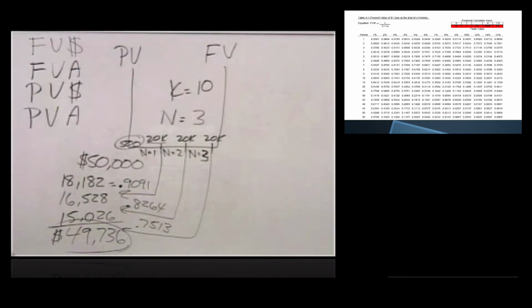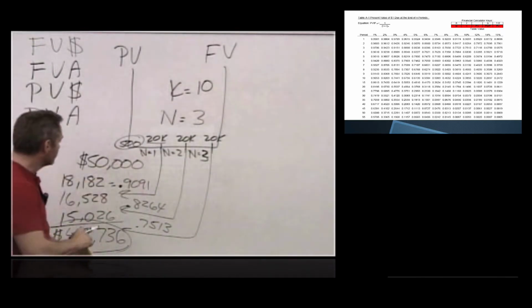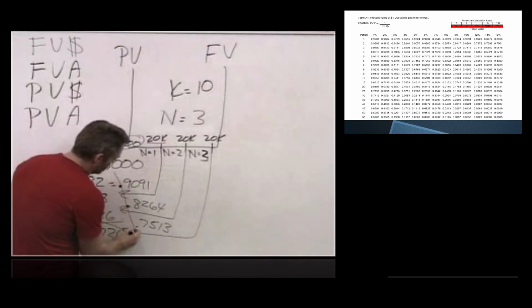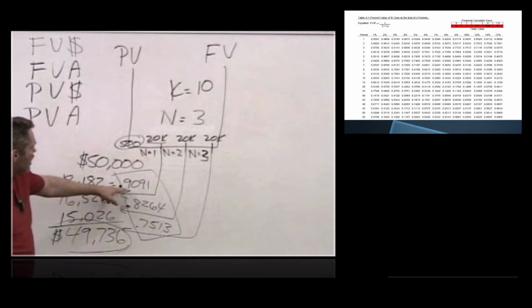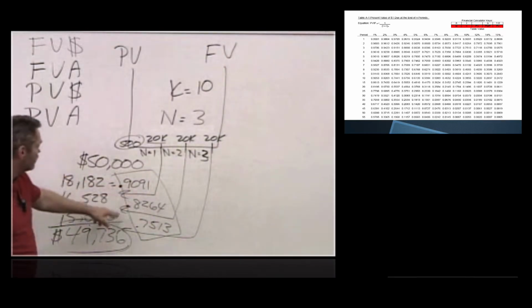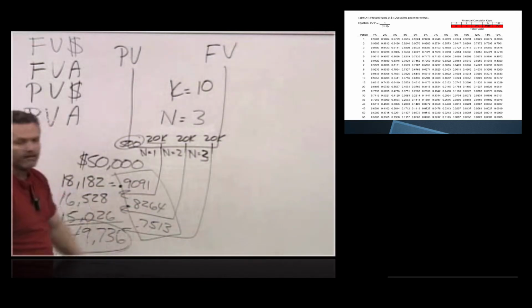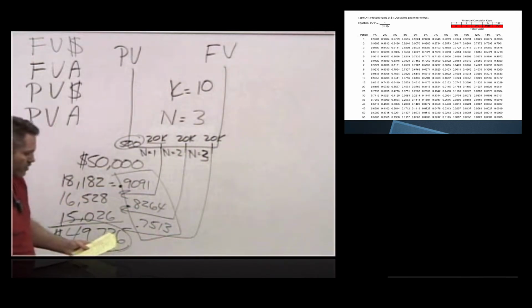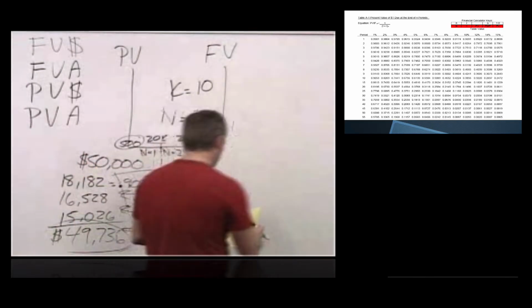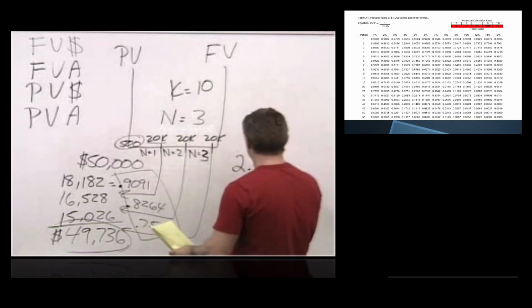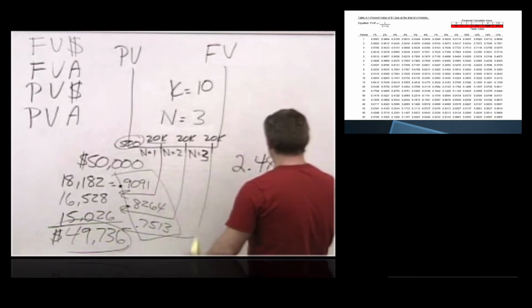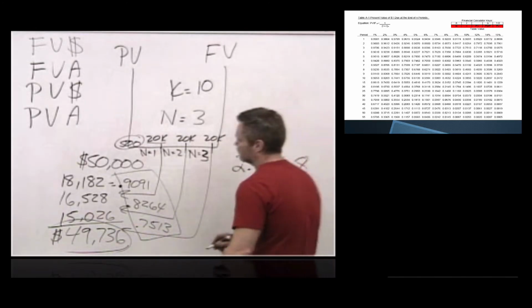Now what I want you to do here is to take these three numbers and add them up. Okay? Add up 0.9091 plus 0.8264 plus 0.7513. If you add those three numbers up, what you will find is that they add up to 2.4868.